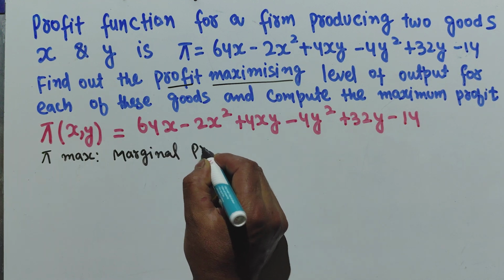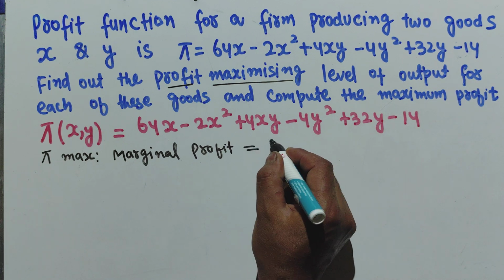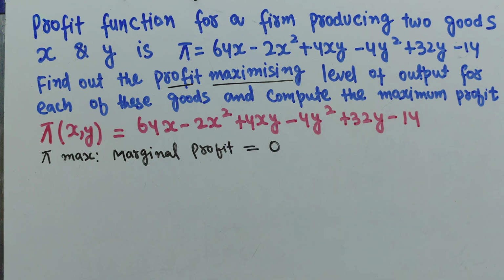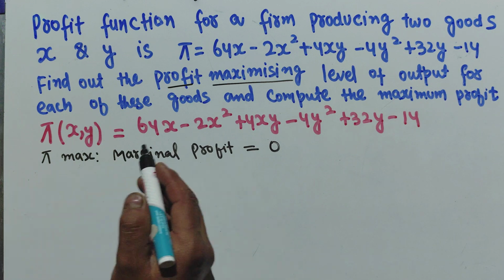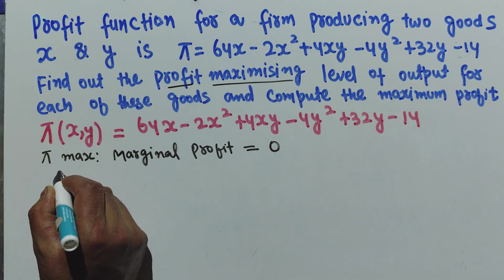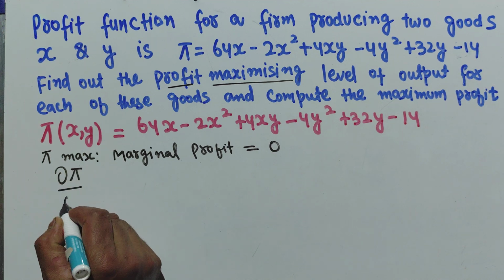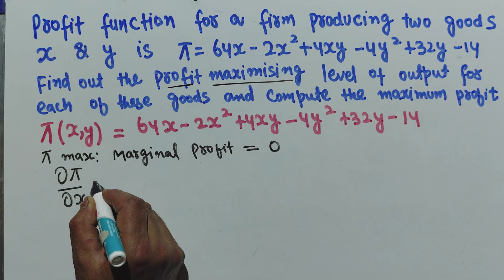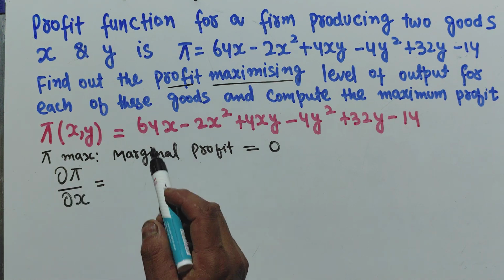So let's take good x first. The marginal profit for good x is the partial derivative of the profit function with respect to x, and we set it equal to 0. Let us first find this partial derivative.